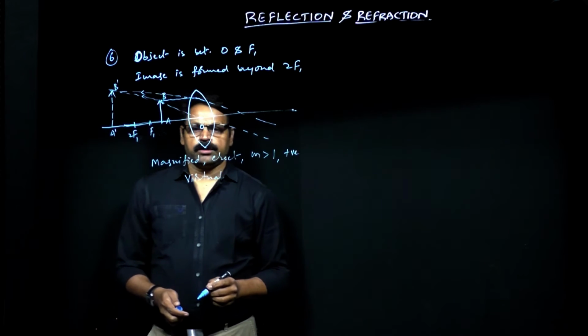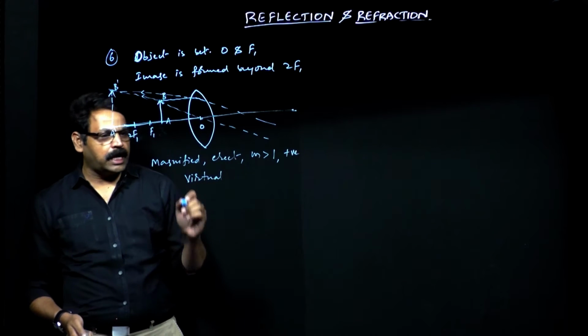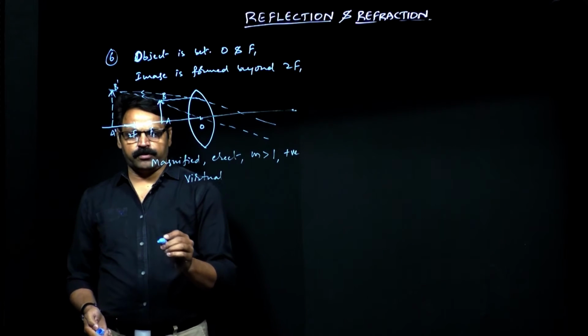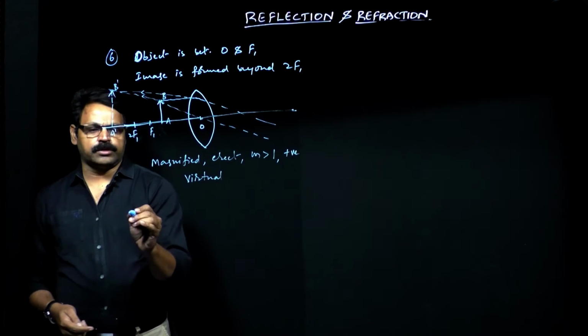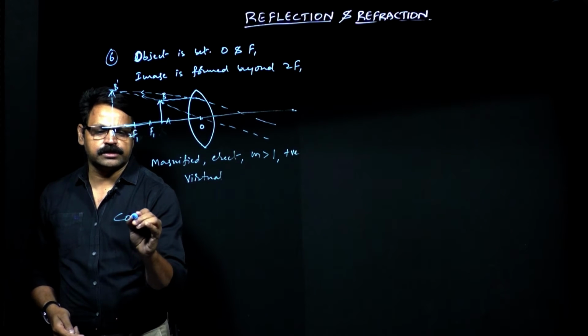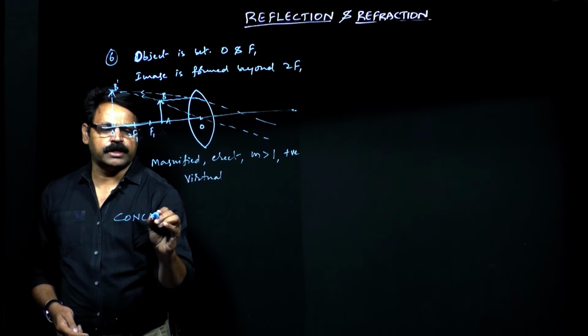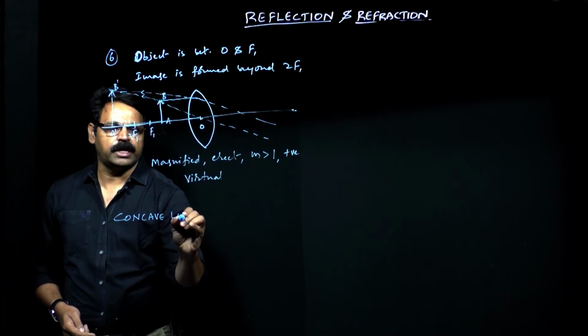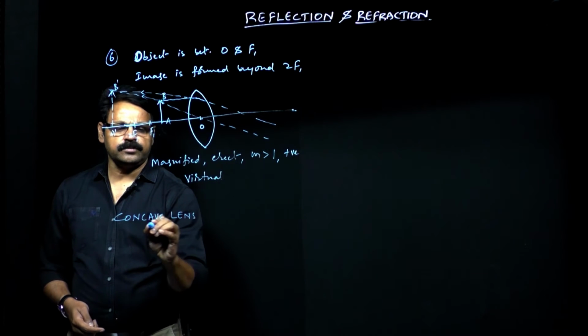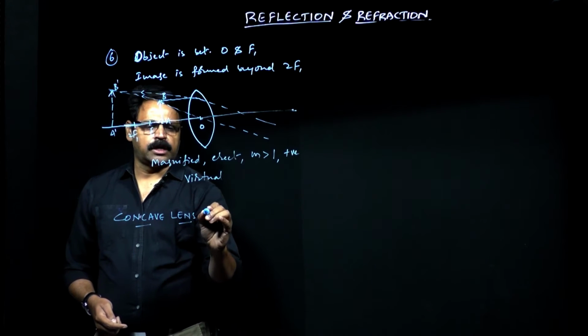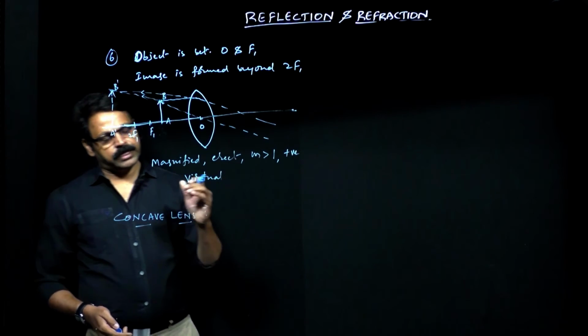Similarly, you can also think of the concave lens. Whenever I think of the concave lens, I'll just look at its cases. In case of the concave lens, it is similar to the convex mirror.